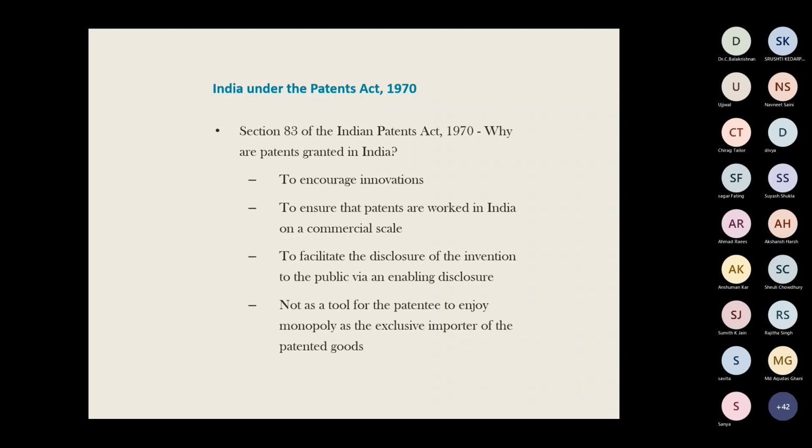So whenever a patent application is filed, you need to disclose it to the public. So a specification, we'll come to that also, that how a patent application is filed. But as of now, I'll tell you that when you come up with an invention and you need to file it, there is a detailed description which is drafted by the patent attorney on behalf of the applicant.